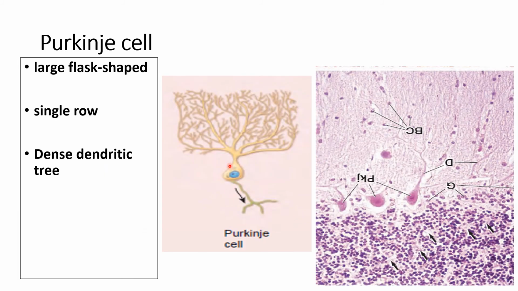How does the Purkinje cell look? Flask shape. These are a single row of cells, and they have a dendritic tree making synapses with the climbing fibers as well as the stellate fibers from the stellate cells.